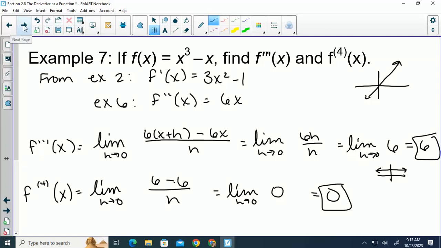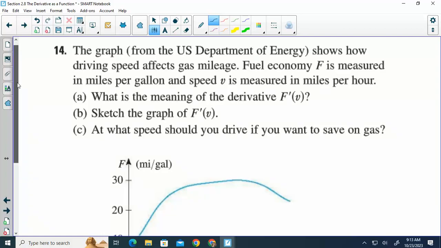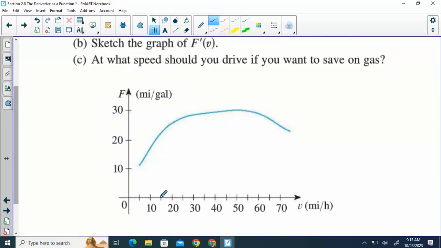Let's jump to, we did those 2 examples on Friday. Let's look at this one. So we'll do the last few examples and give you guys time to work. So this graph is showing how driving speed affects your gas mileage. So my x-axis, that's my speed. My y-axis is the mileage.